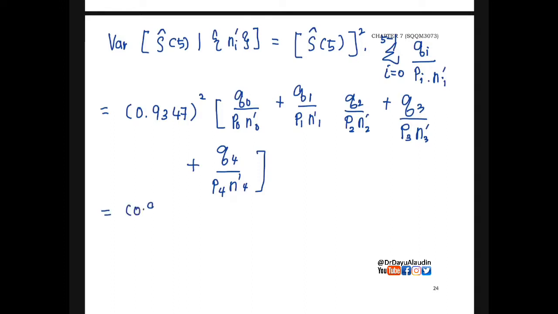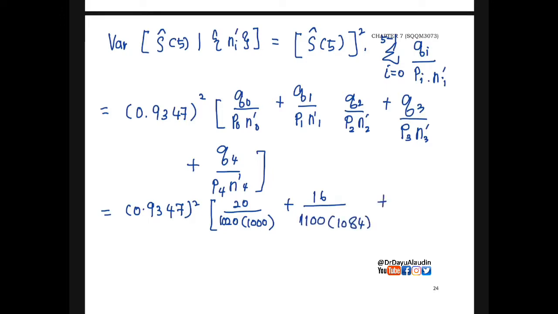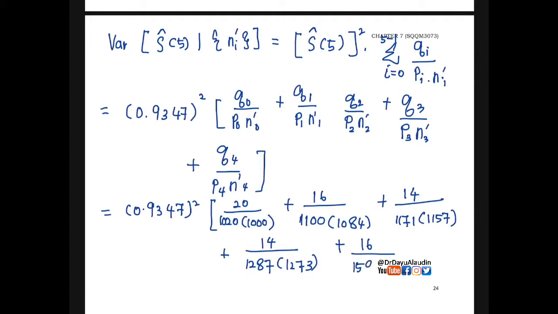So you substitute the values. And the final answer is equal to 0.00005092.